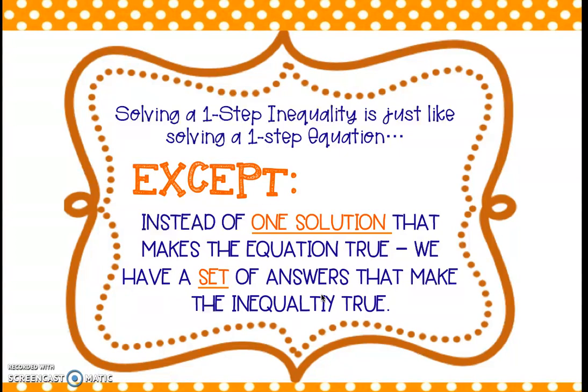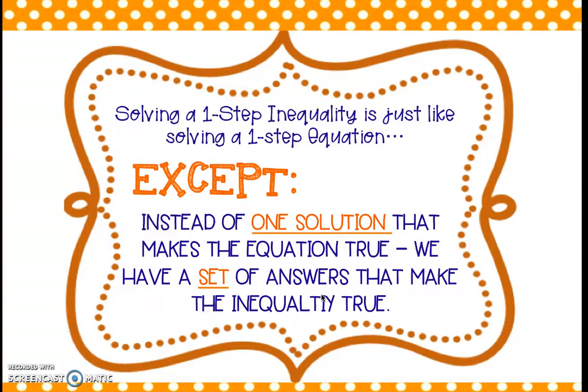So you should be going along on your notes page with me. With an equation, for example, we had 6 plus 6 equals 12. There was one solution that made that equation true. Today, we're going to have a set. An inequality might give you the answer, x is greater than 7. Well, there's no one number that's greater than 7. It's a set of numbers.